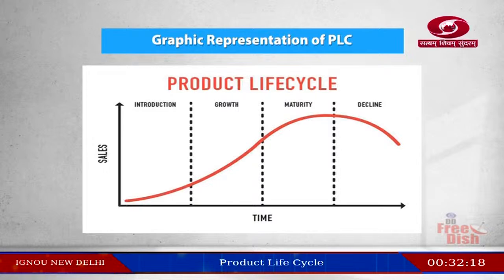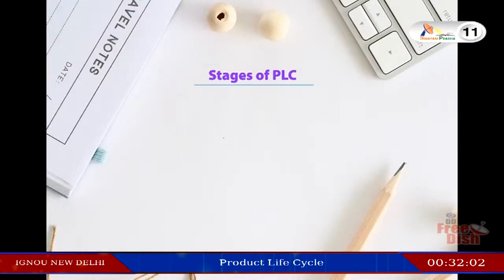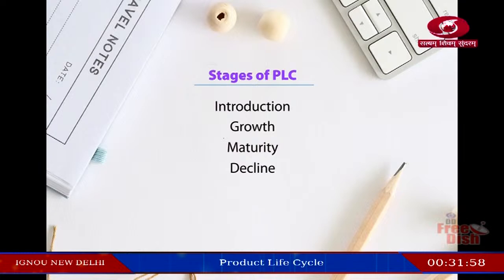The increase is not as fast as it was earlier in the growth stage. And at that stage, as a marketer, with your marketing strategies, you can extend it and delay the decline stage. Now let us discuss all these stages: introduction, growth, maturity and decline, one by one in a more elaborate manner.